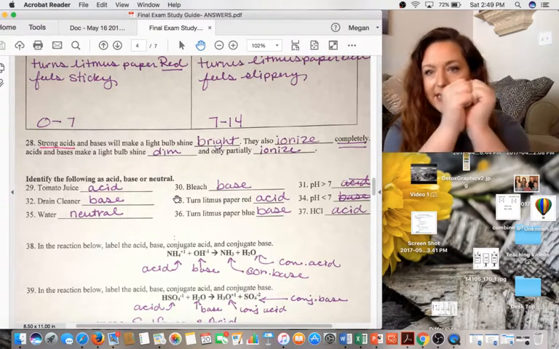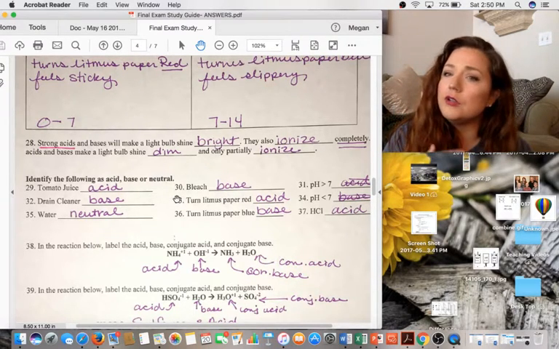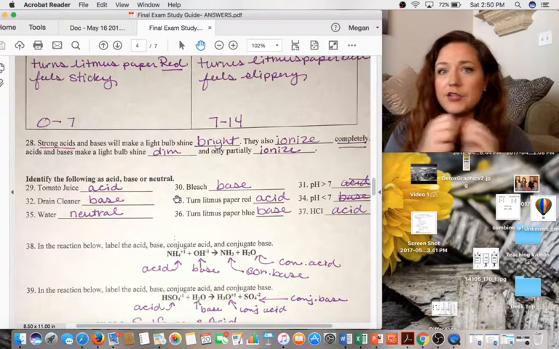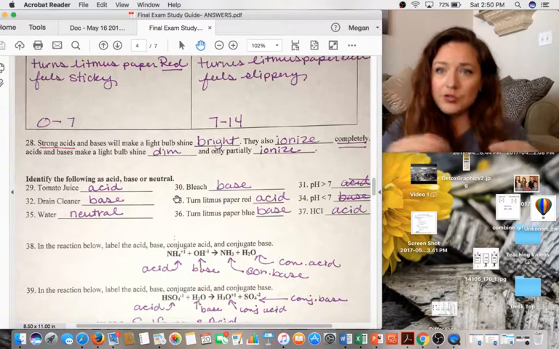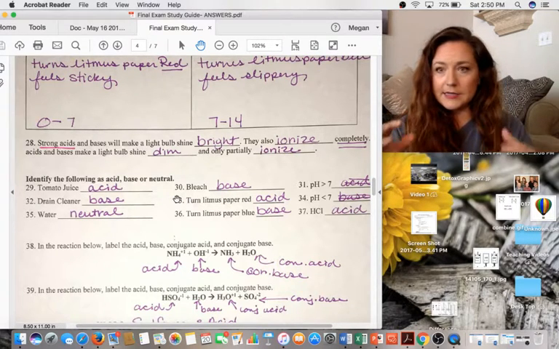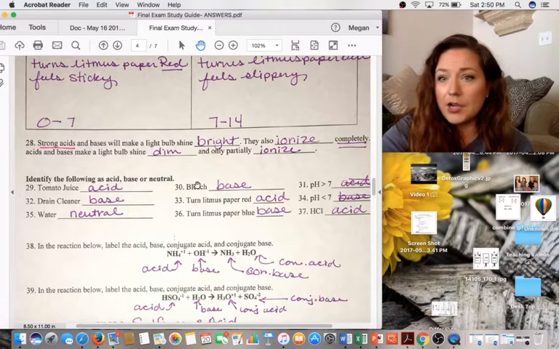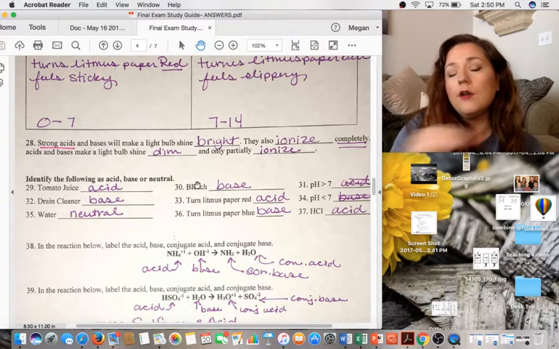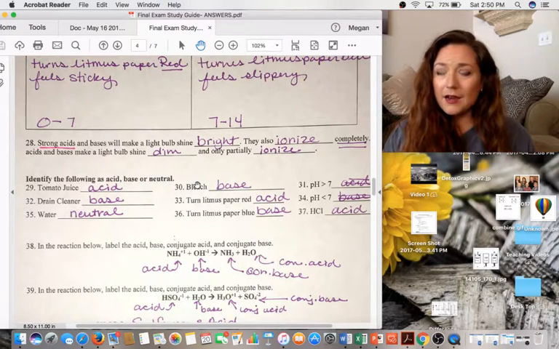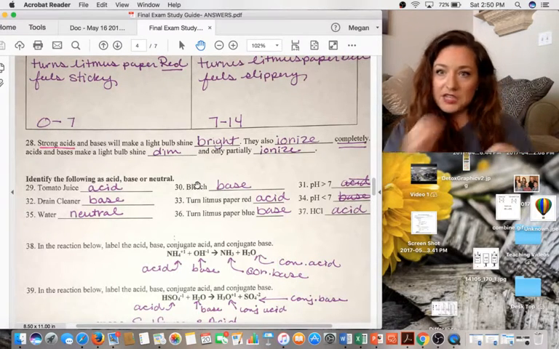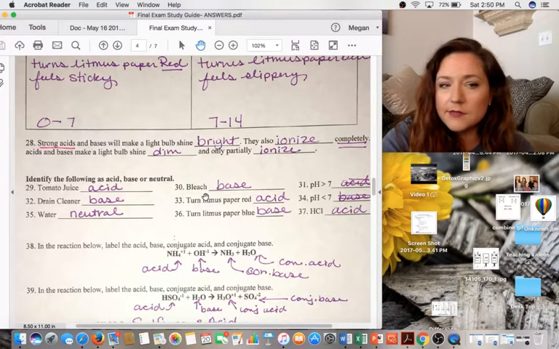Some of them stay together, some of them break up, and it's only a partial ionization, only partial dissociation. So there are not many ions for the current to basically, as I did in class as an example, leapfrog to and go through the water to turn that light bulb on brightly. The current's still there, but it's not able to get where it needs to because there are not enough positive and negative ions.